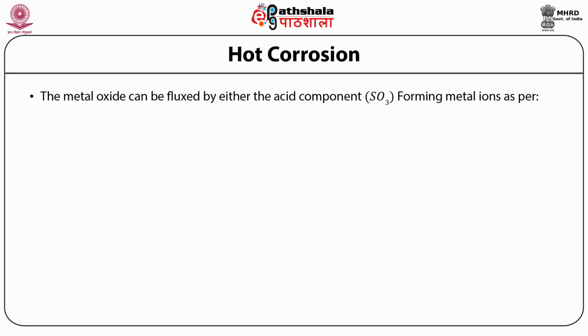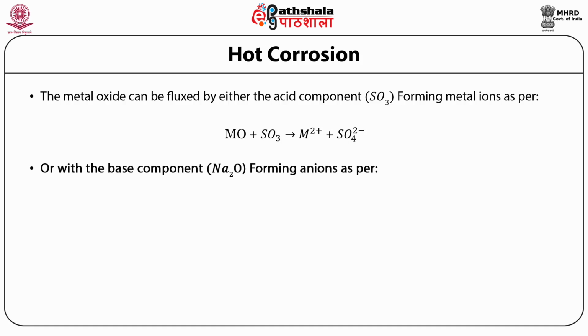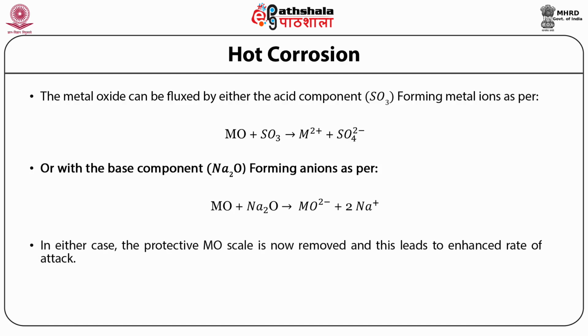The metal oxide can be fluxed either by the acid component SO3, forming metal ions as per MO plus SO3 gives M2+ plus SO4 2-, or by the base component Na2O, forming anions as per MO plus Na2O gives MO2 2- plus 2Na+. In either case, the protective MO scale is removed, and this leads to an enhanced rate of attack.